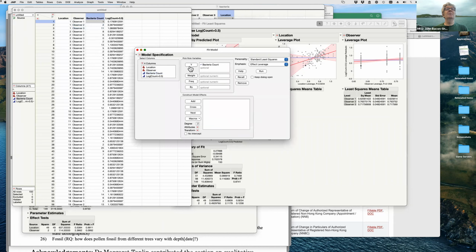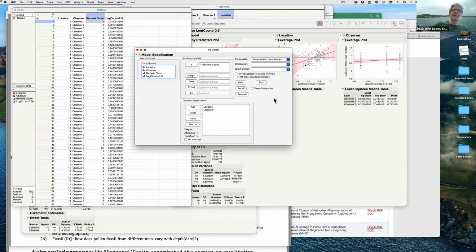So let's try again with bacteria count, location, and observer. But this time we're not going to use standard least squares. We're going to choose generalized linear model. That means that we're assuming, first of all, that the distribution may not be normal. And secondly, that it may not be a linear model on the original scale.